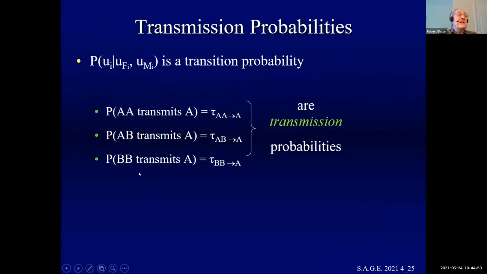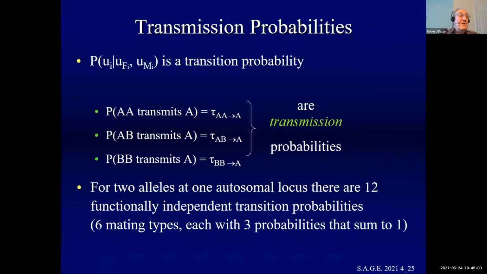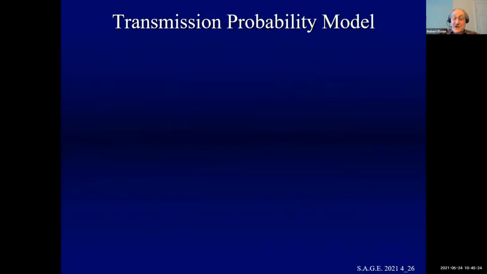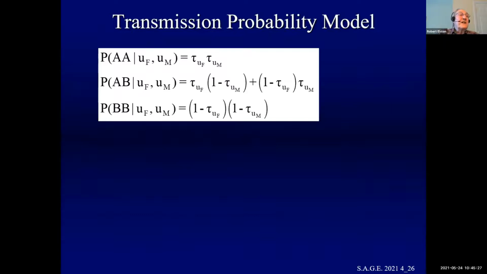We just estimate these because these are a function of these. And we're going to ask now, do we get Mendelian transmission? So for two alleles at one autosomal locus, there are 12 functionally independent ones of these, because there are 6 mating types, 3 probabilities of each that sum to 1. So it's 6 times 3 is 18, minus 6 is 12.